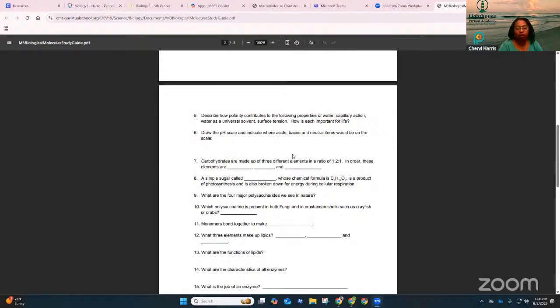For question number 6, when it says draw the pH scale, that's three things you need to do. Draw an arrow like a timeline, start from 0 to 14, acids on the left, neutral in the middle, and bases on the right. That's all you need for that question.